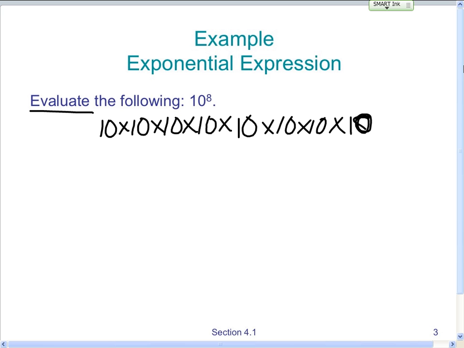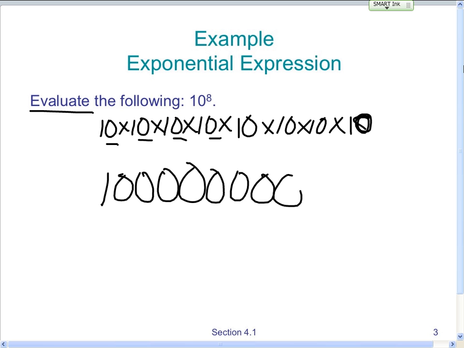So I have 8 tens being multiplied. Now the advantage to multiplying 10 is it tells you how many zeros you have. So I have a 1 with 8 zeros: 1, 2, 3, 4, 5, 6, 7, 8 zeros. And that would be 10 to the 8th power.